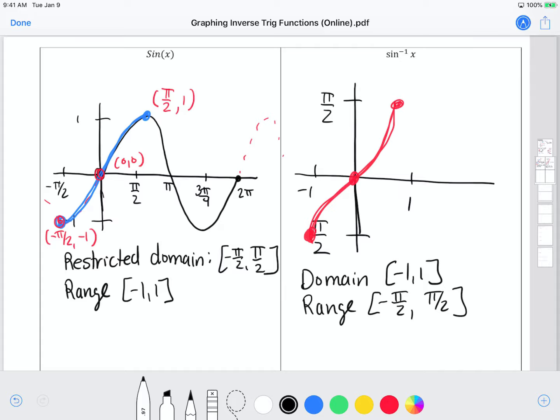And if we're looking at that in terms of the unit circle, that would be looking at quadrant 1 and quadrant 4 because minus pi over 2 comes out this way because it's a negative angle, and then pi over 2 comes up this way. So when we are simplifying expressions later using inverse functions, you want to keep in mind when you're dealing with sine, you're looking at quadrants 1 and 4.